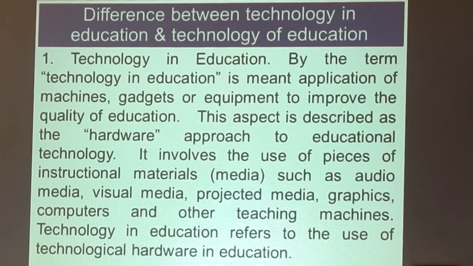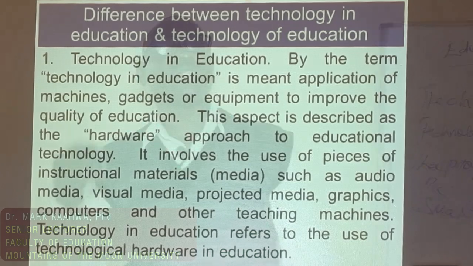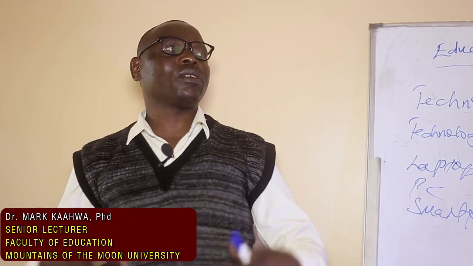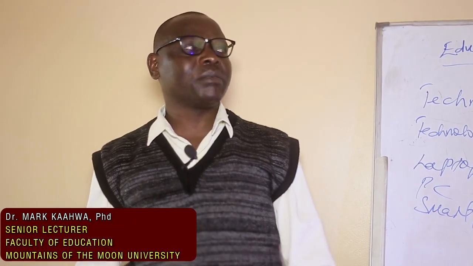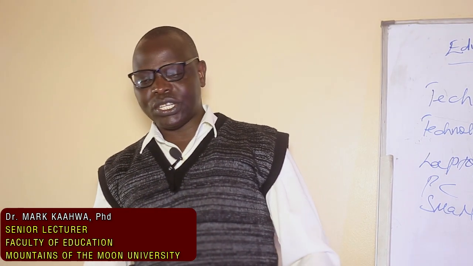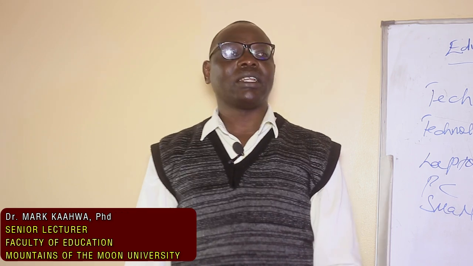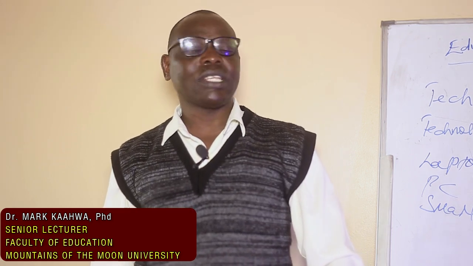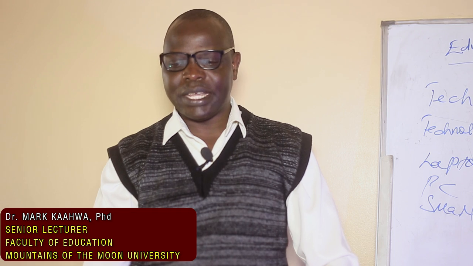Now, these are teaching learning devices that appeal to the auditory sense. So the audio media appeals to the ears. They consist of radio, audio recording machines, such as the audio tapes, the disc machines, the telephone, and so on and so forth. So those are the audio media.